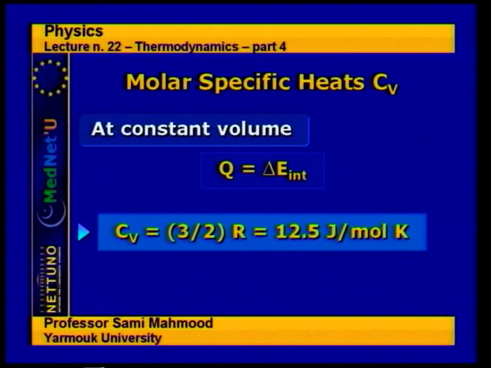equating these two alternative forms of Q, we arrive at the result that for a monatomic ideal gas, and I emphasize this is true for a monatomic ideal gas, as the internal energy was defined previously for a monatomic ideal gas, Cv is equal to 3/2 R, and 3/2 R is equal to 12.5 joules per mole Kelvin.